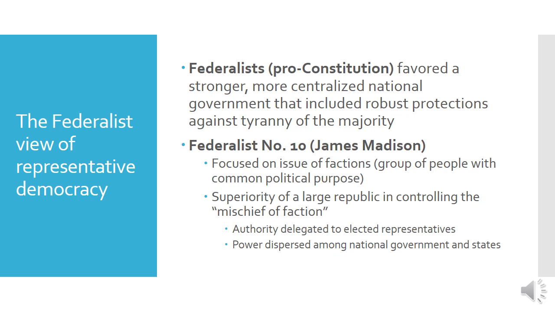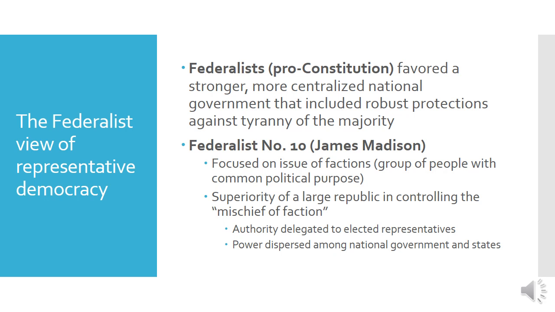So in Federalist 10, we referenced this document earlier, one of the Federalist essays, again, focuses on the dangers of factions, which are groups of people that have common political purposes, can become dangerous. And he argued for the superiority of a large republic such as ours, in terms of controlling the mischiefs of factions.